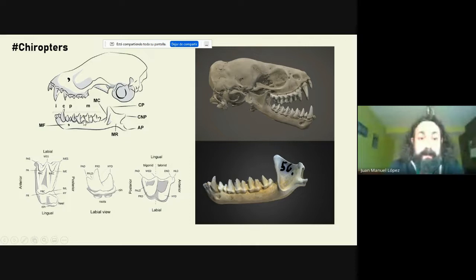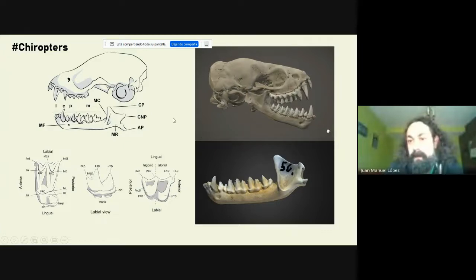The morphology is similar to the insectivores, but with small differences in the teeth, cusps, and enamel. This is a lower molar in occlusal view, a lower molar in buccal view, an upper molar in occlusal view, and here a mandible and a cranium.